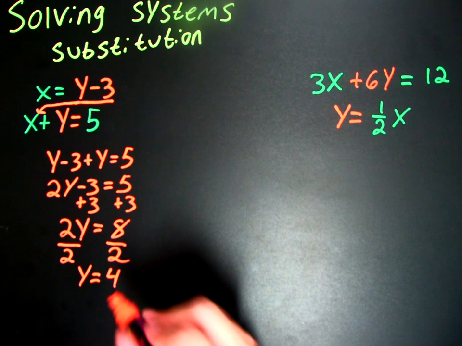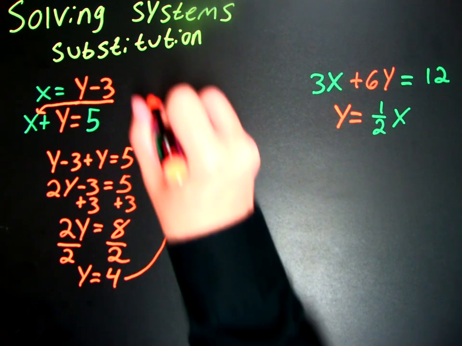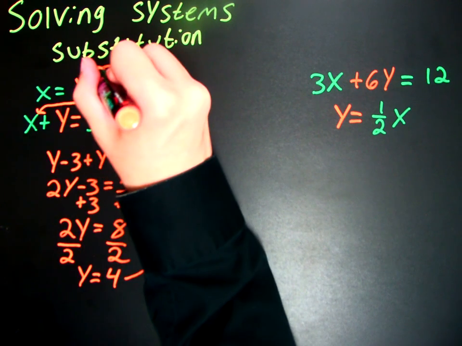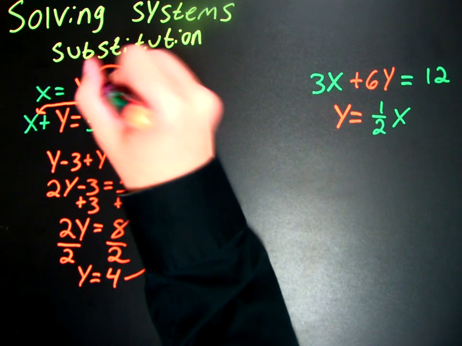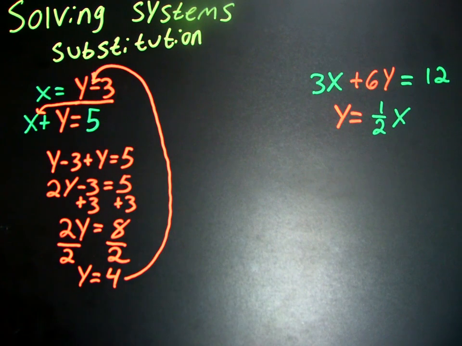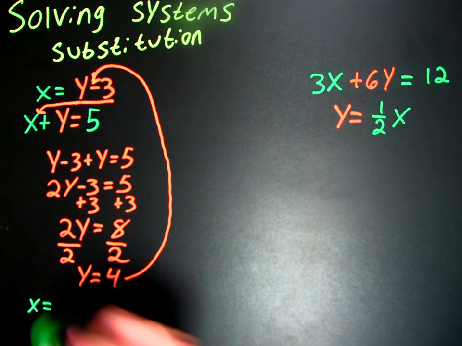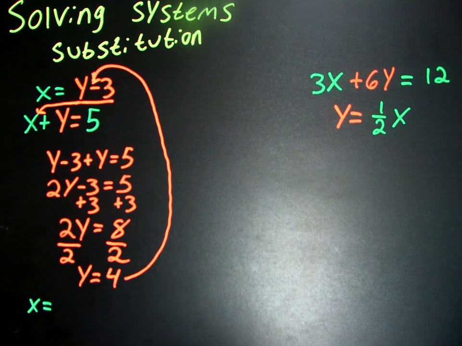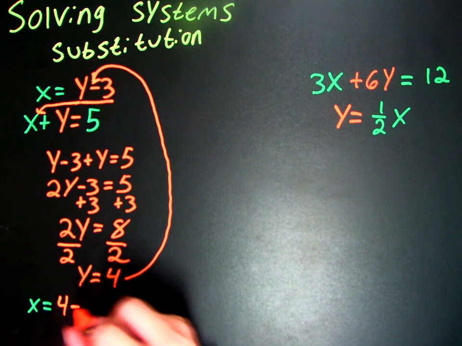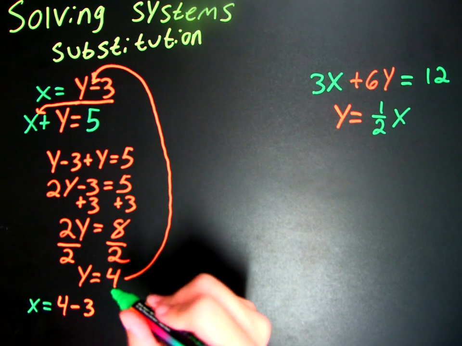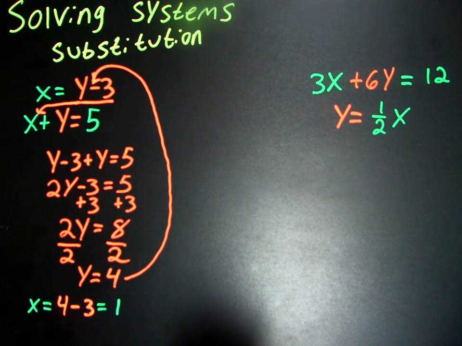Now we just take that and plug it back into one of the previous equations. Not formula, it's an equation. So I would now have x equals 4 minus 3, which is 1.